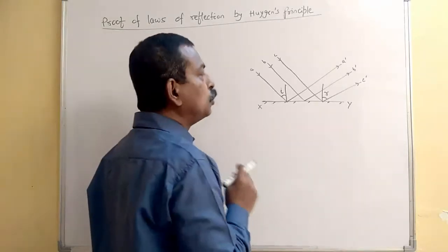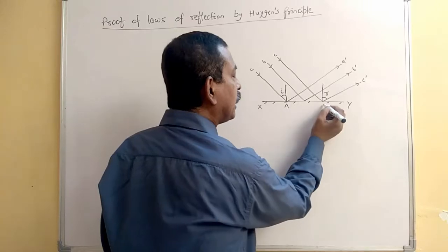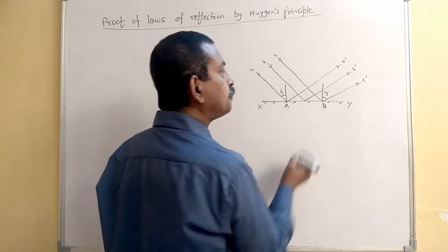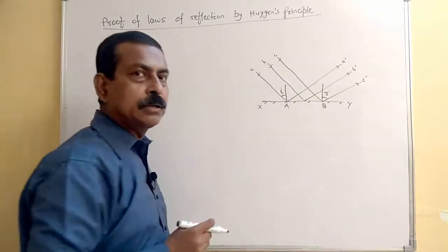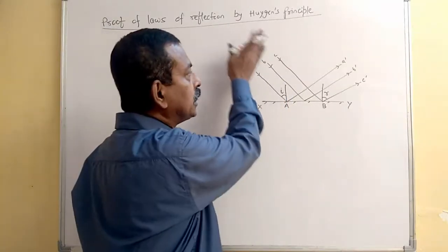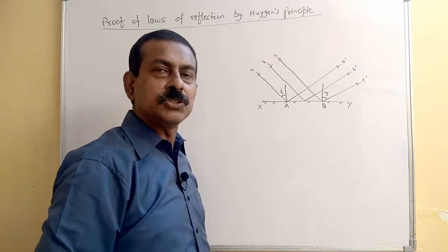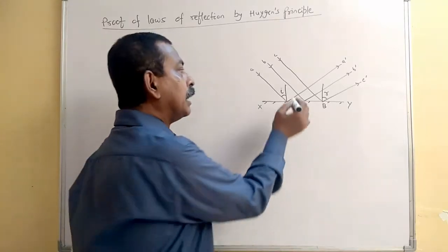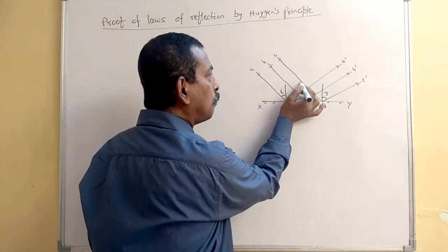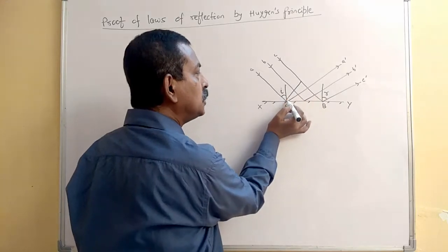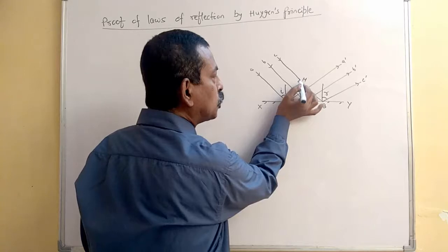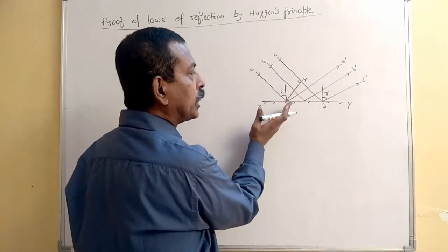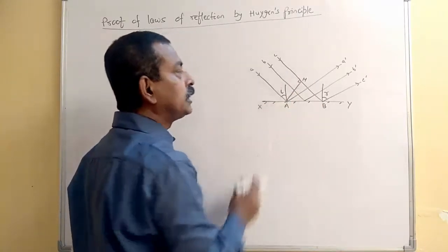So what we do, suppose this is the point A and this is your B. From point A, we draw a plane which is perpendicular to these incident rays or incident waves there. Now, as you are drawing a plane which is perpendicular to these incident rays, this is the plane which we have drawn perpendicular from point A on these incident waves.